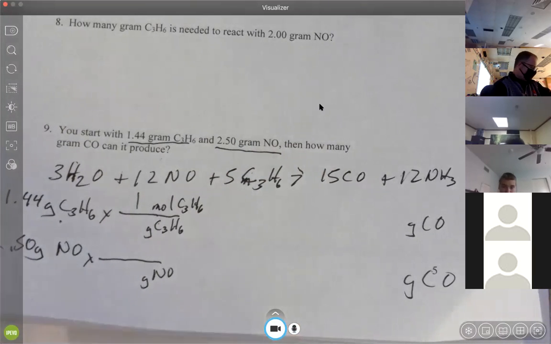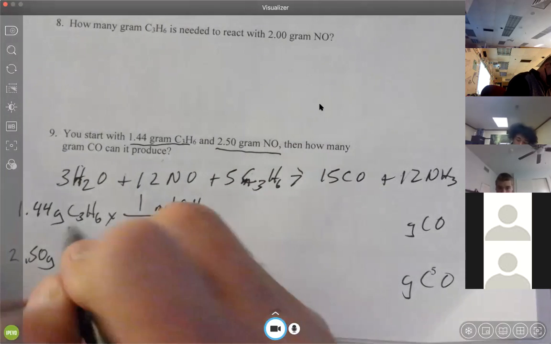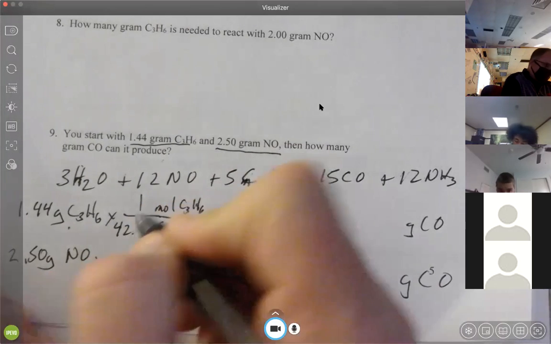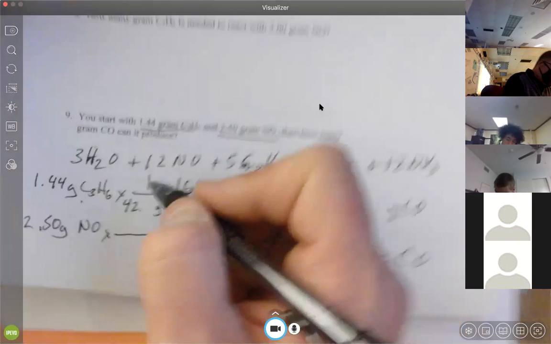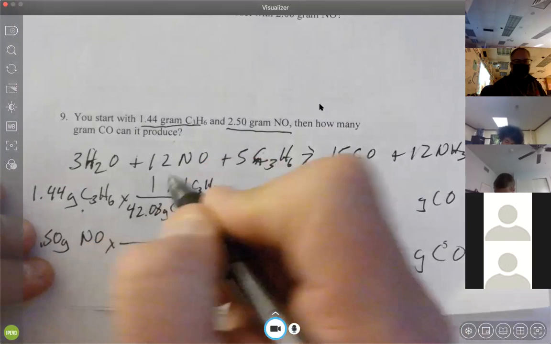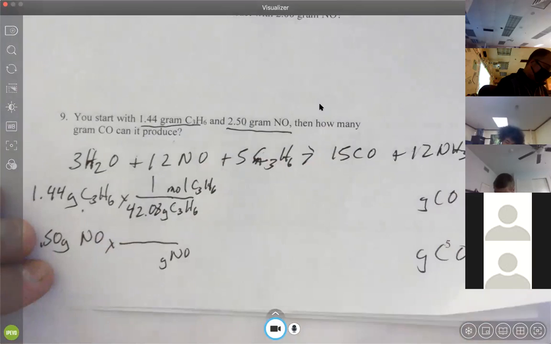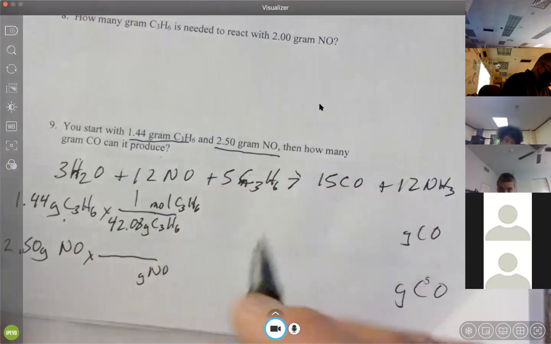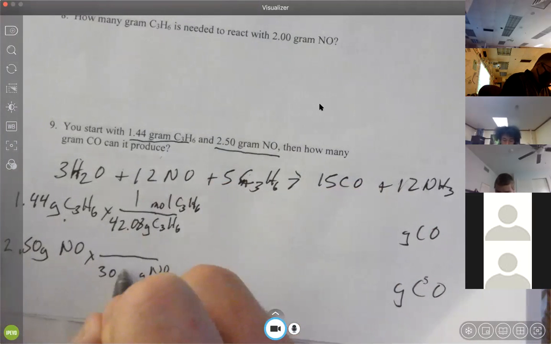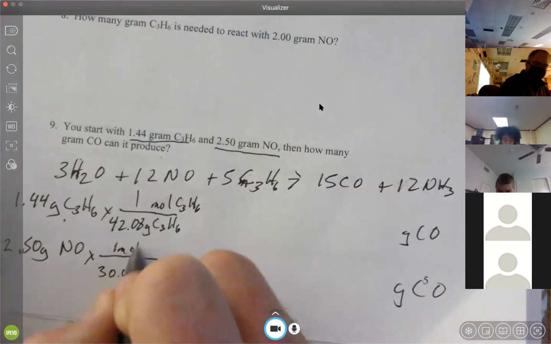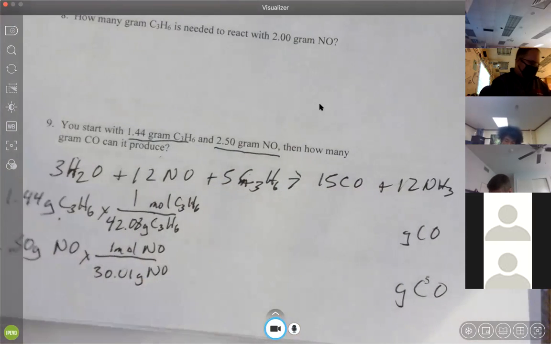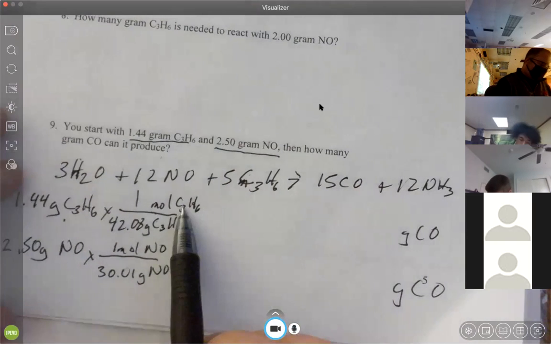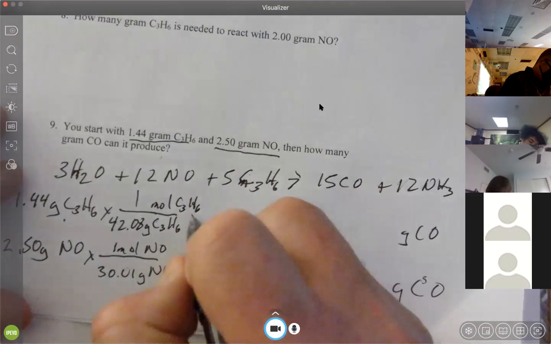It's 42.09. Actually, I'll go with what they say. 42.08 is fine. I'll go with the ones at the top. That way nobody's concerned. And for NO is 30.01. So now we have moles of C3H6 and moles of NO. We don't want this.